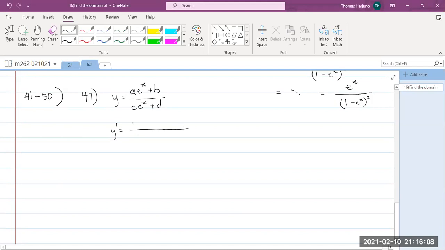So the top will be the derivative of the numerator times the denominator, minus the numerator times the derivative of the denominator, over the square of the denominator, which is c e to the x plus d.